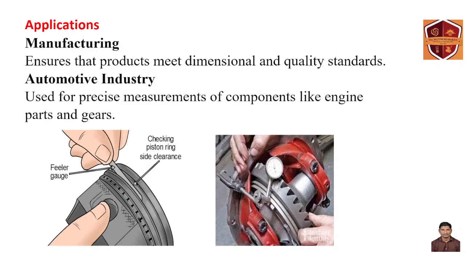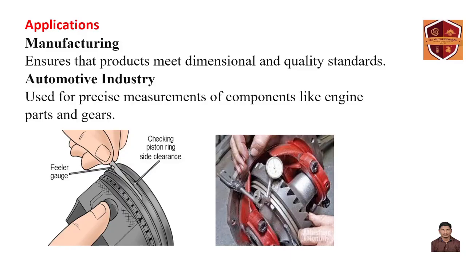These are all the applications of metrology and measurements in manufacturing sectors, to ensure the product meets dimensional and quality standards. In automotive industries, it is used for precise measurements of components like engine parts and gears. See, this is the feeler gauge.